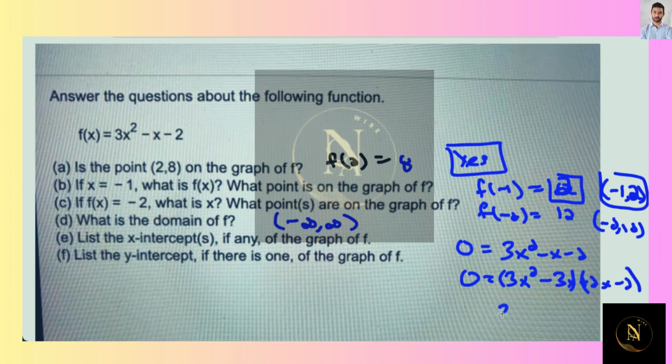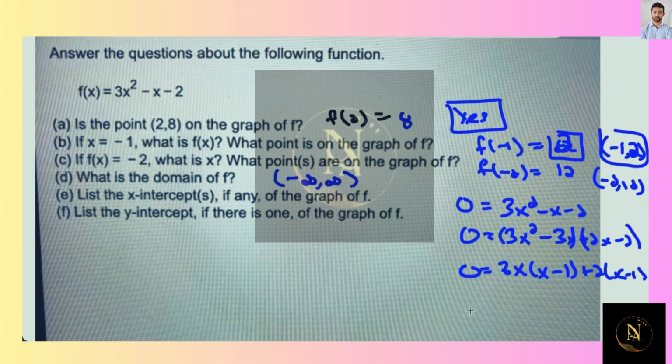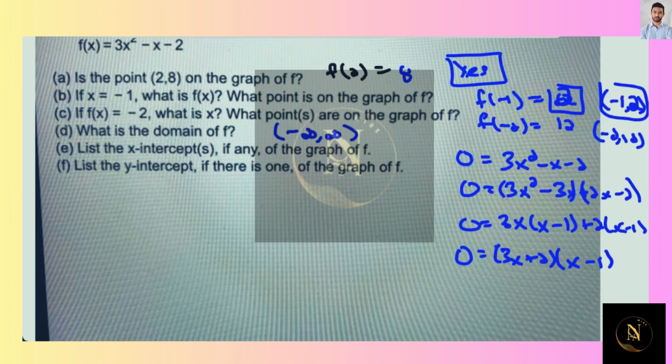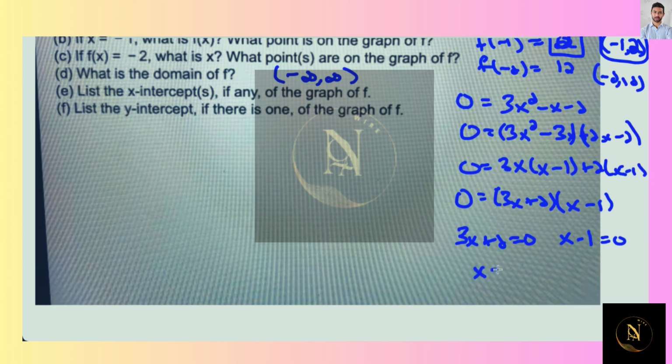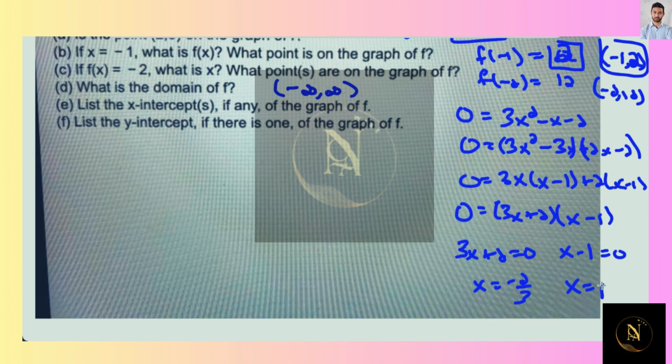We can factor out a 3x, left with x minus 1, and we can factor out a 2, left with x minus 1. And so 0 equals 3x plus 2, what was factored out, times the common factor x minus 1. And by the zero product property, 3x plus 2 equals 0, and x minus 1 equals 0. So x equals -2/3, and x equals 1. So the x-intercepts are -2/3 and 1.